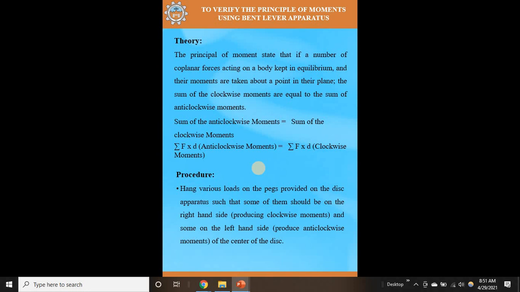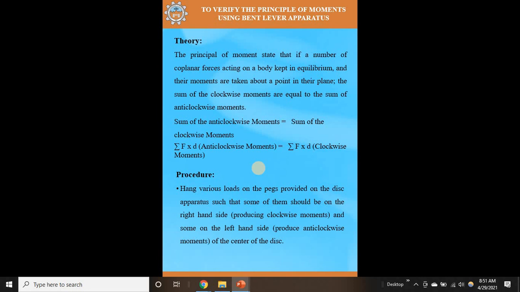Now, since the disc is in equilibrium, you have to measure the horizontal distance, which is the moment arm, from the scale present in the disc apparatus.